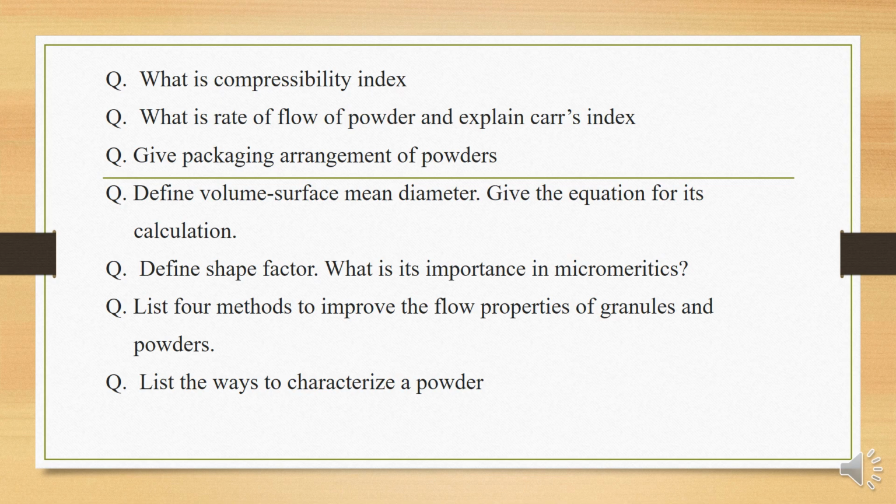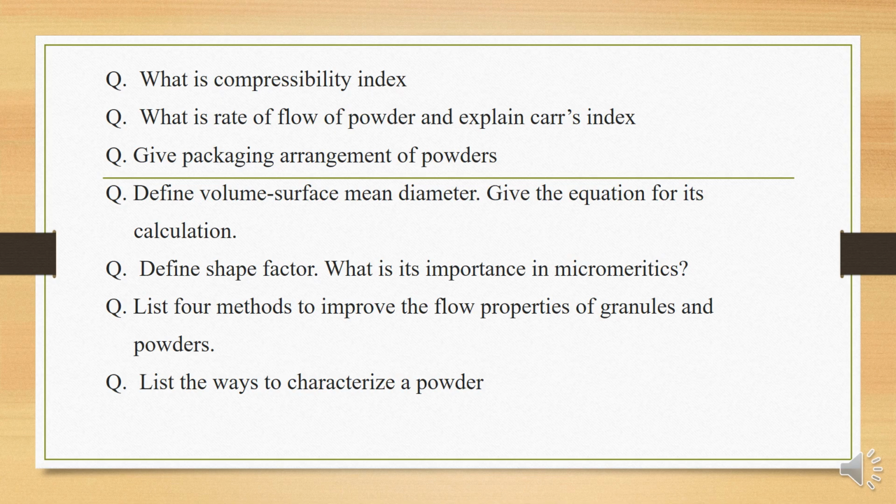Next, list 4 methods to improve the flow properties. How can we improve the flow property? That is the next question. We already studied flow property under angle of repose. Many methods are there.